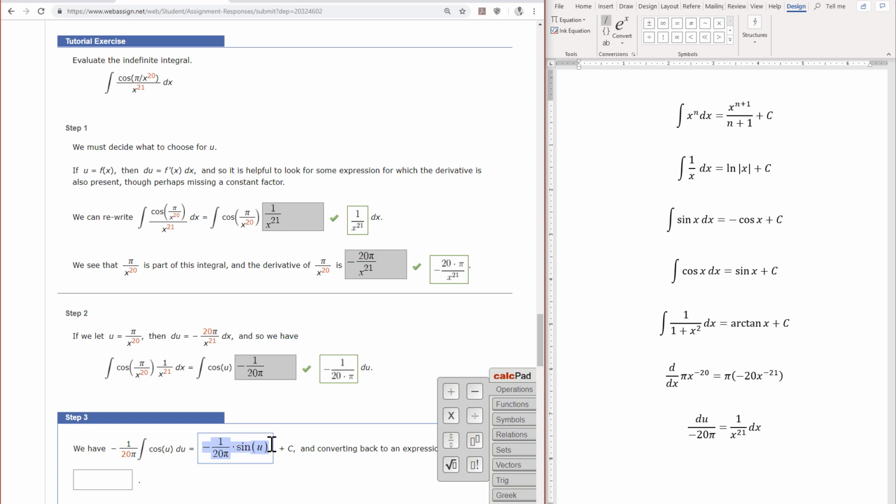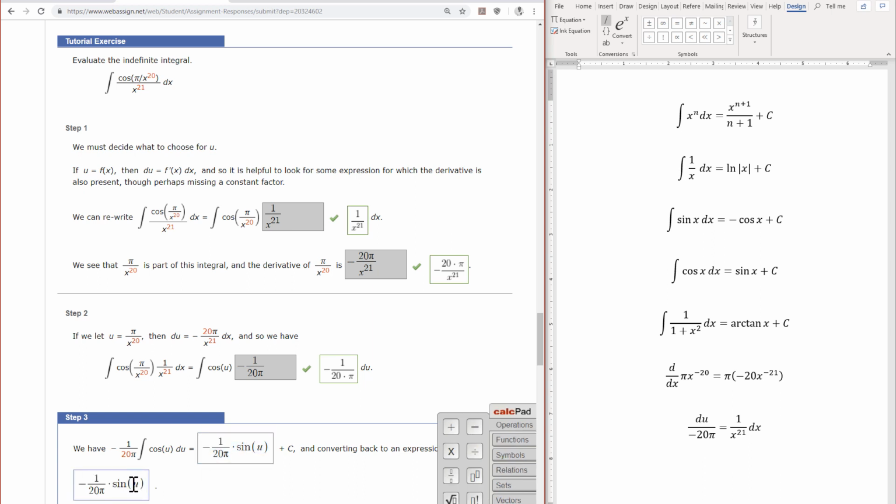So it's essentially this whole thing, except instead of a u, we have to figure out what u was equal to. u was equal to pi divided by x to the 20th power. So it's going to be the sine of pi divided by x to the 20th power times negative 1 over 20 pi, and, of course, plus C.